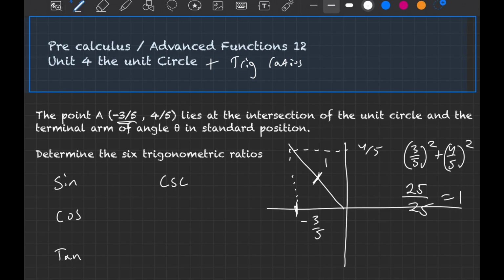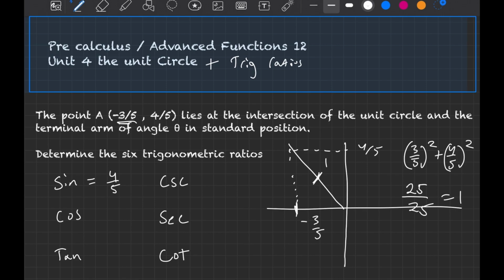cosecant, secant, cotangent ratio, we know sine is equal to opposite over hypotenuse, basically the y over the hypotenuse. So for sine, it would be 4 over 5 divided by 1, which is just 4 over 5.